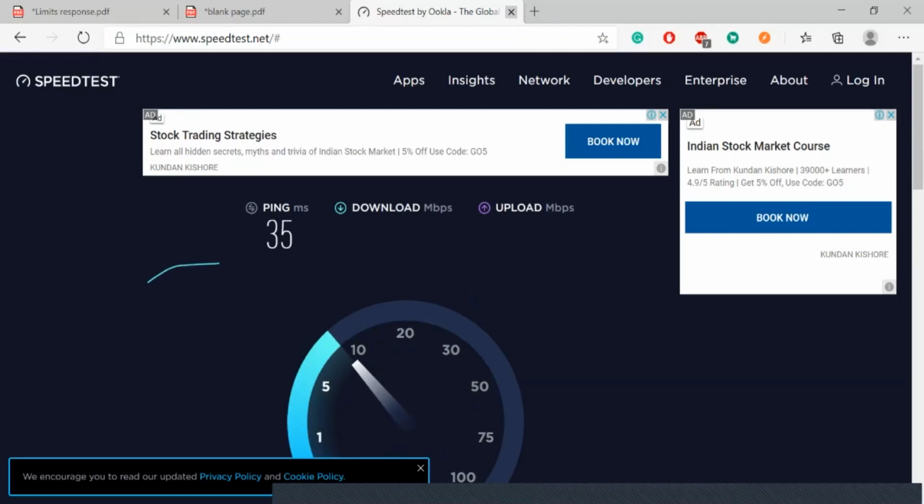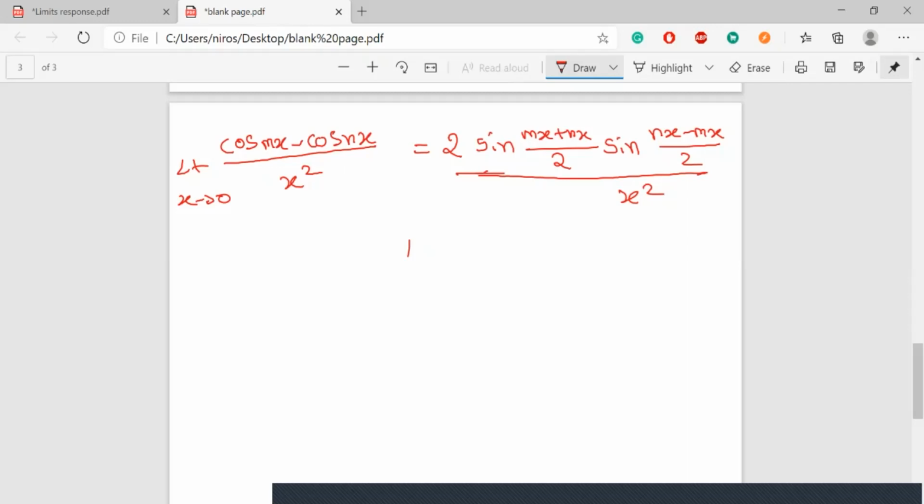Yeah, I can see it now. Yeah, it's showing. So can you see this? 2 sine of (nx plus mx) by 2. So understood this step, right? How I have written cos mx minus cos nx like this.